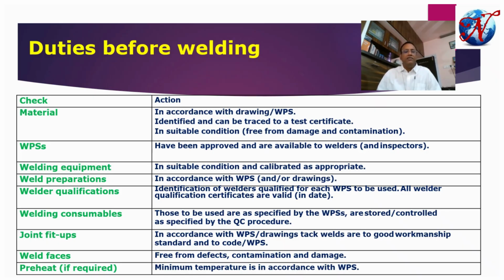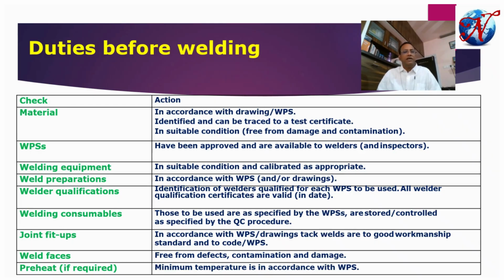Welding equipment that will be used needs to be physically verified with respect to the tag and other required certificates. Welding preparation: according to the WPS, whatever essential and non-essential variables are there need to be judged before starting the welding. Welding consumables, that means what type of electrode, filler wire, consumable gases, and shielding gases, all need to be verified before starting the welding.